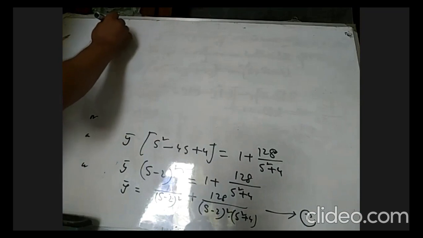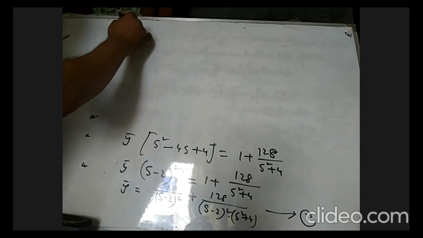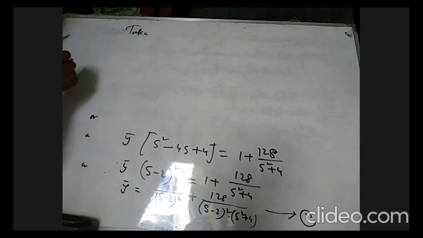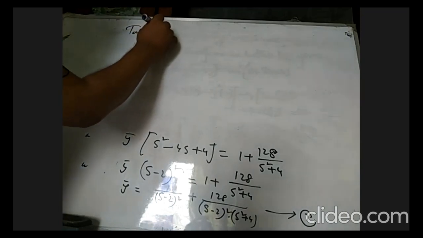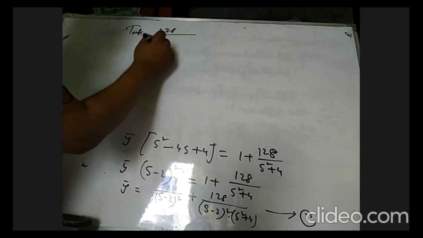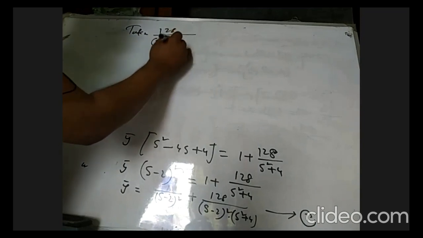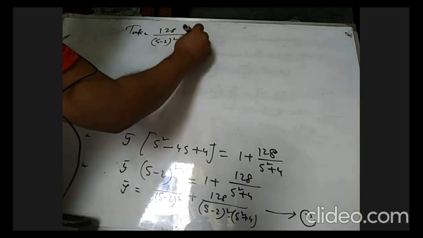So this y bar, first take 128 divided by s minus 2 whole square into s square plus 4.